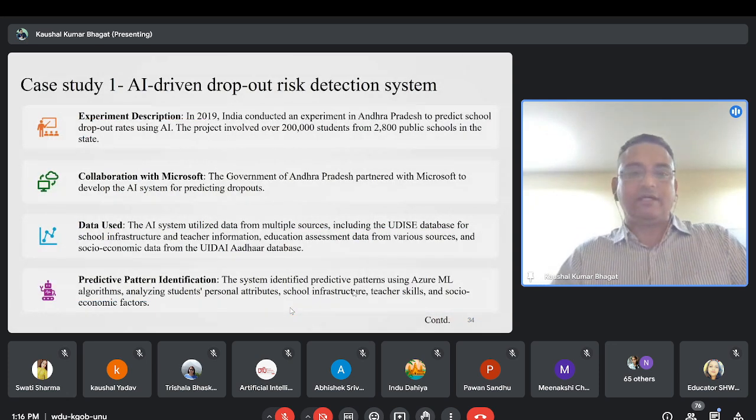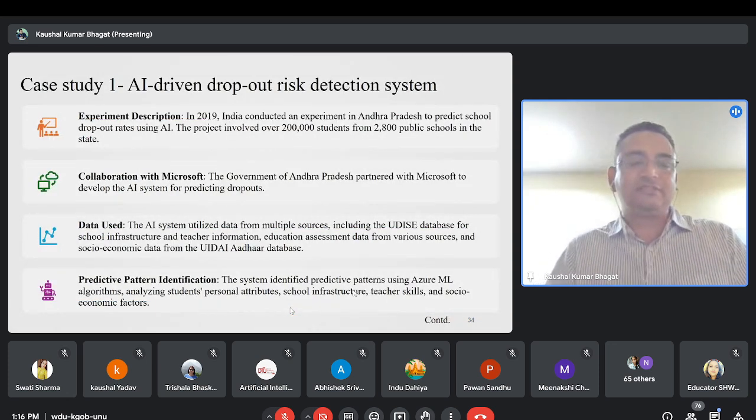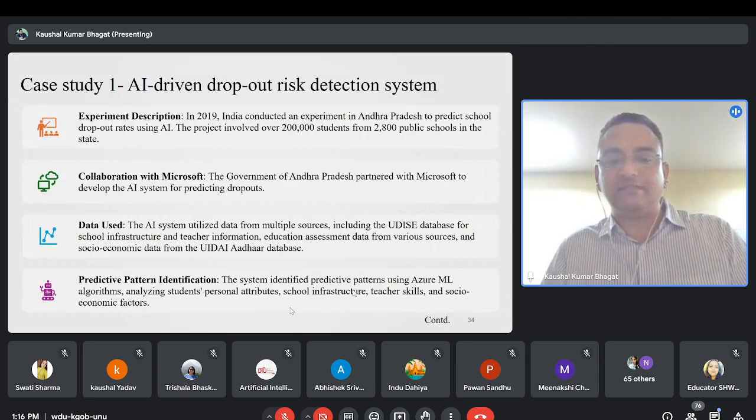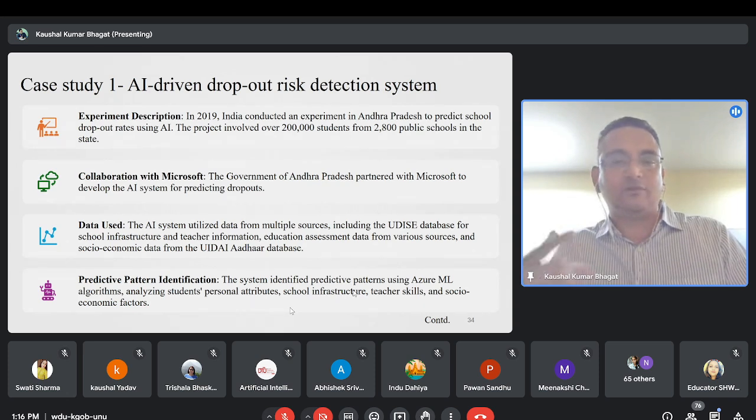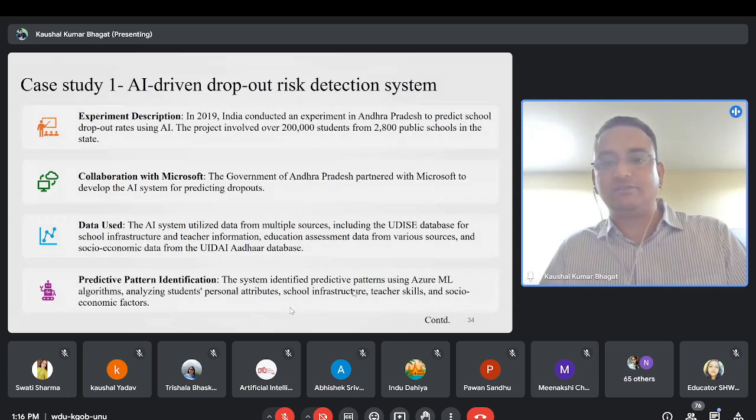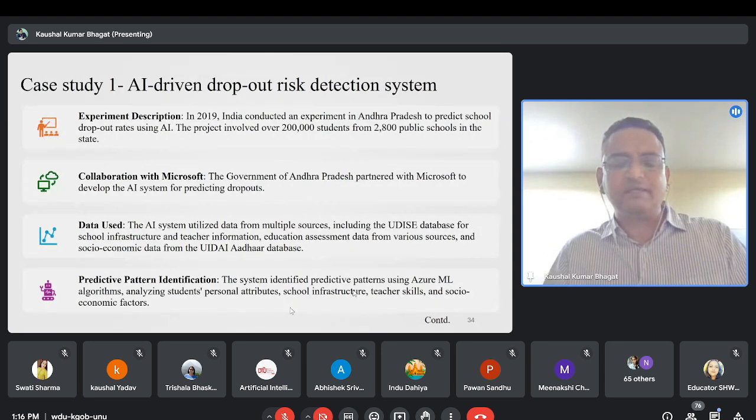So I was just talking about some of the case studies. This is one case study in India that they did in 2019, basically in Andhra Pradesh. This involved 2 lakh students, where they collaborated with Microsoft and used their Aadhaar database.